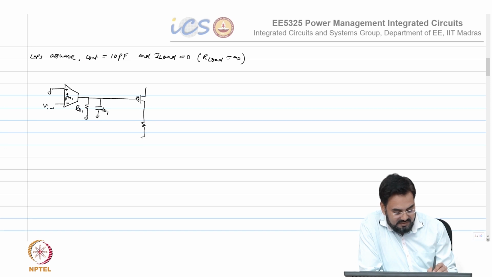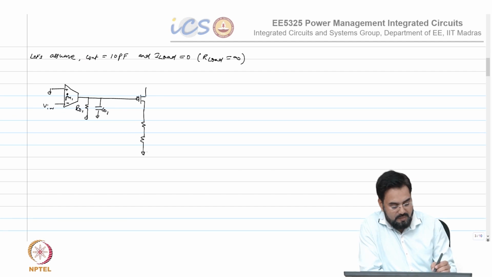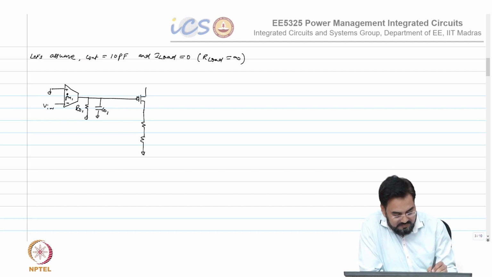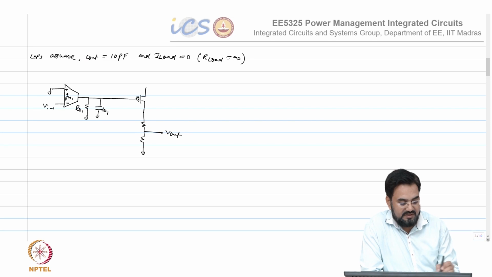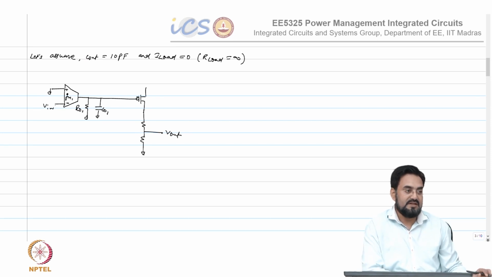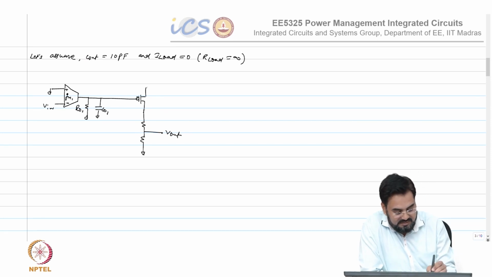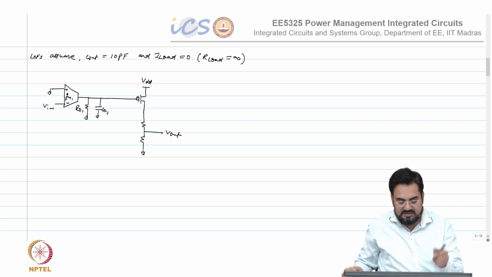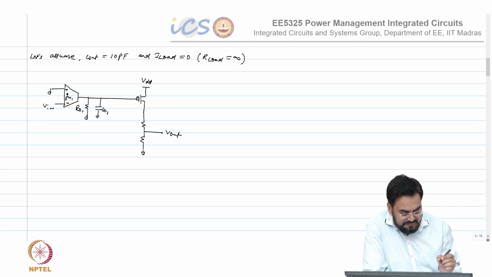And now I'll consider the beta factor. So the loop I broke at the feedback point. This will be your V out and this will become your V in for loop gain analysis. This is your VDD, so for a small signal that will be ground.